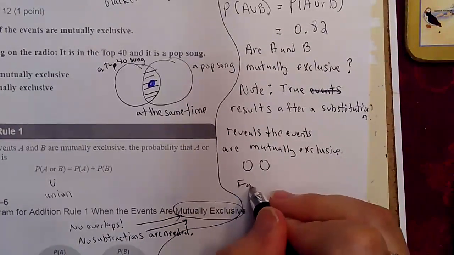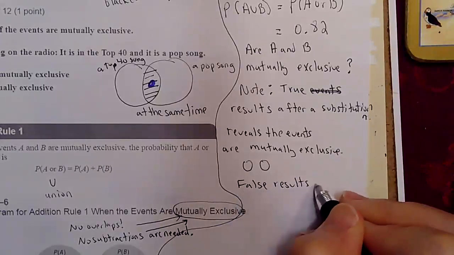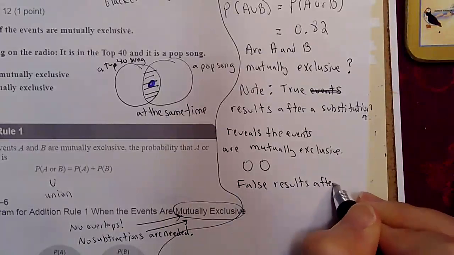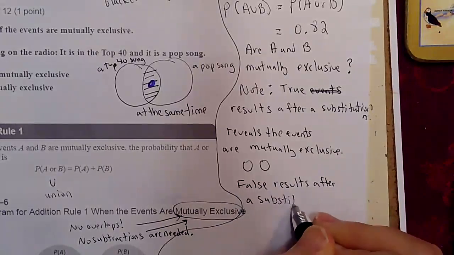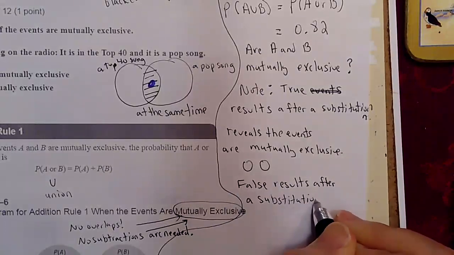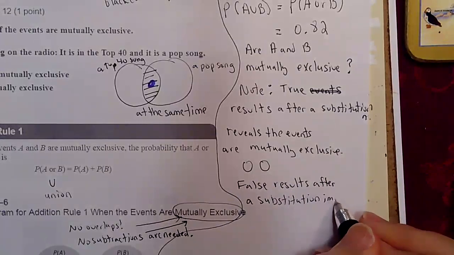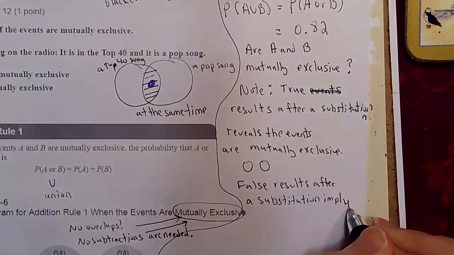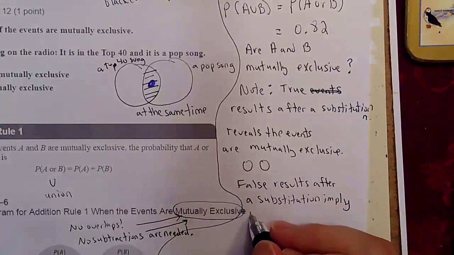But if you get false results after a substitution, that implies not mutually exclusive.